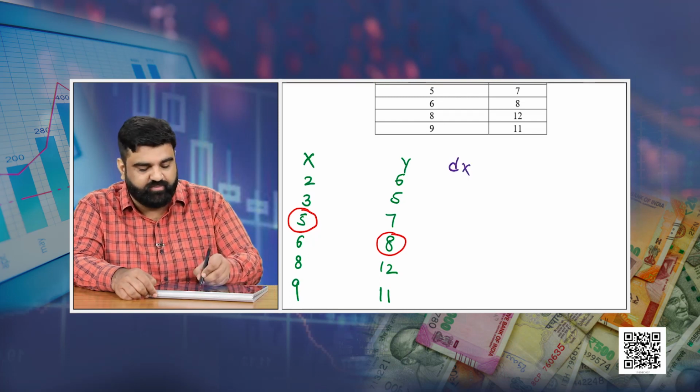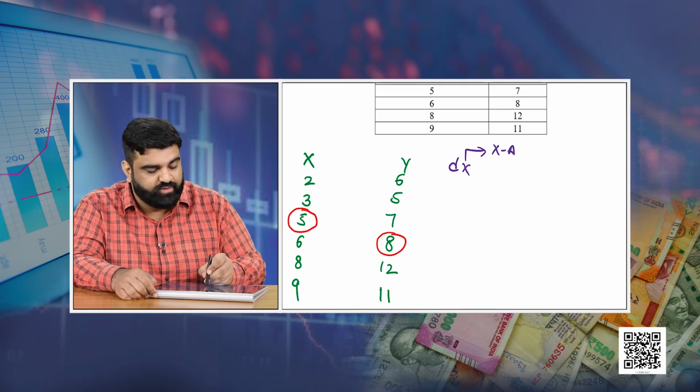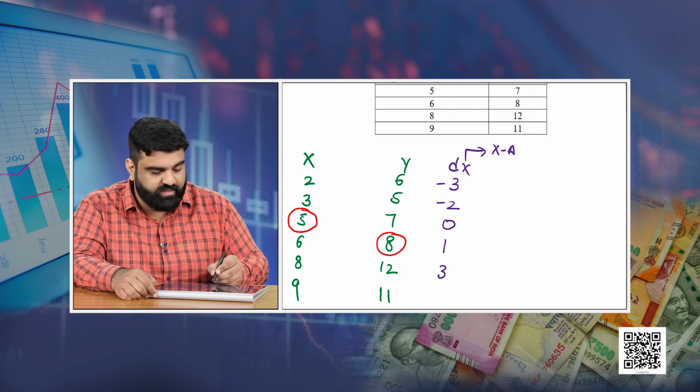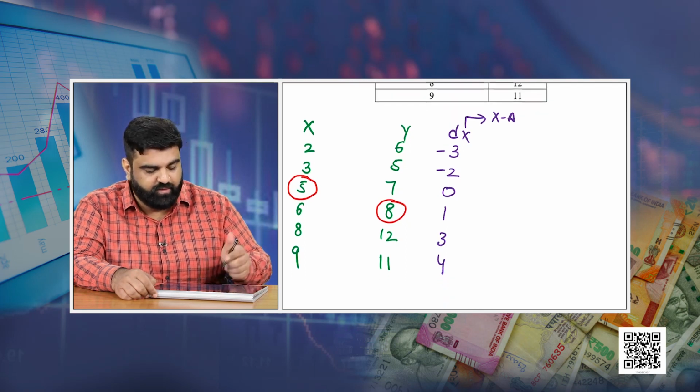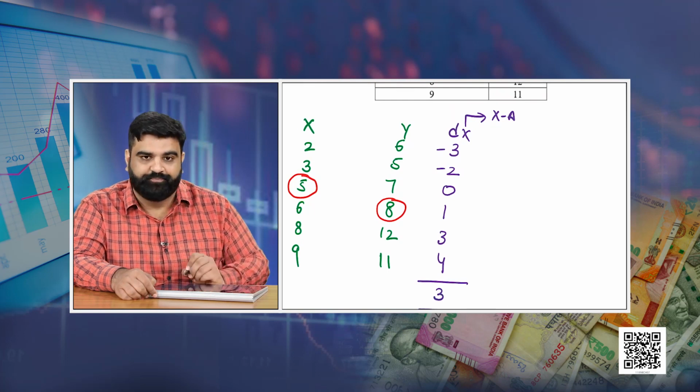So, dx will actually be the difference between x and the assumed mean. So, this will be minus 3, minus 2, 0, 1, 3 and 4. So, the total to this will be 3.